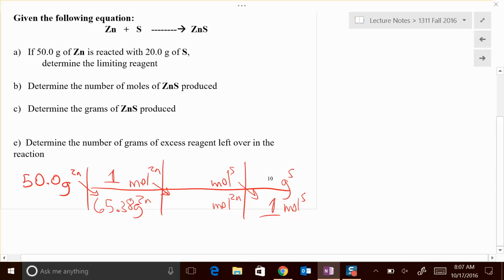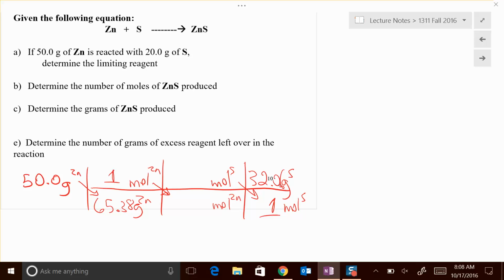Grams of sulfur, where do I find that? Here as well. Okay? Now, whenever you have a mole-to-mole relationship, that is a stoichiometric relationship. Where do you obtain stoichiometric relationships? The balanced chemical equation. This one's really easy because it doesn't have any coefficients.